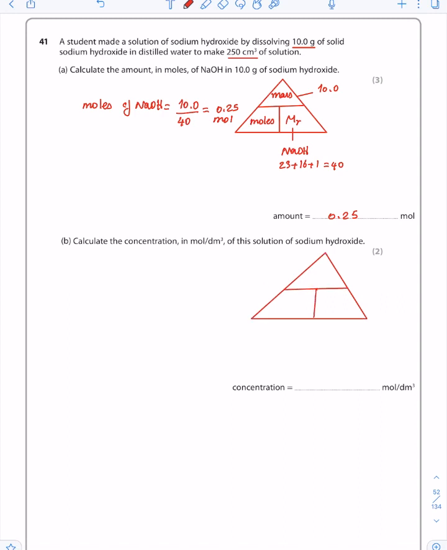Concentration is equal to moles over volume in cubic decimeter. معانا المولز 0.25 ومعانا الفوليوم 250 بس over 1000 يعني 0.25. يبقى ال concentration of sodium hydroxide is equal to moles 0.25 over volume 0.25 يبقى equals 1 mole per cubic decimeter. يبقى هنا concentration 1 mole per cubic decimeter.